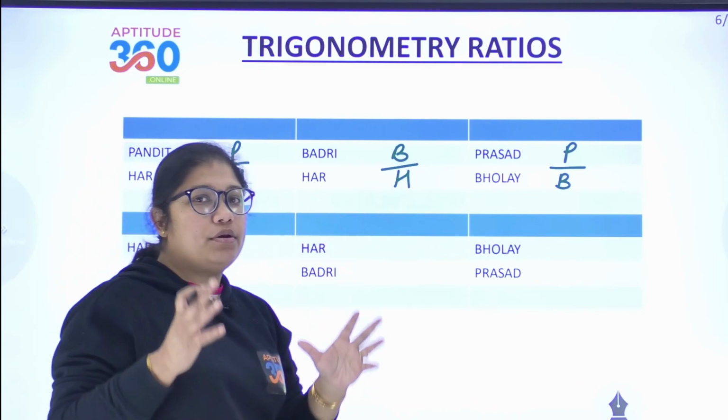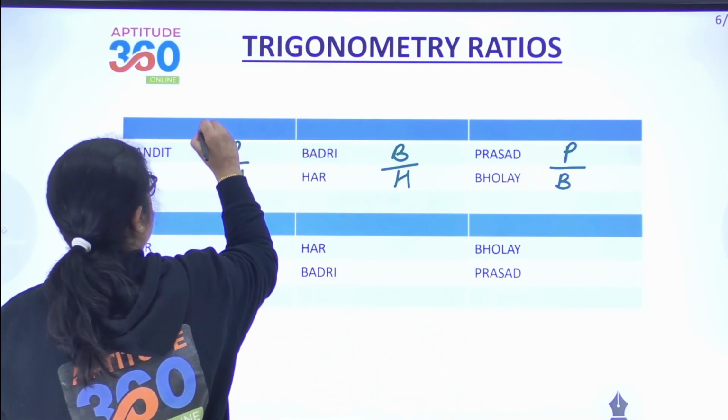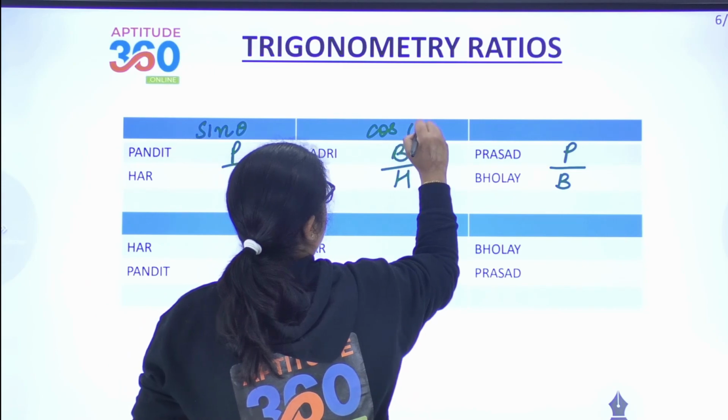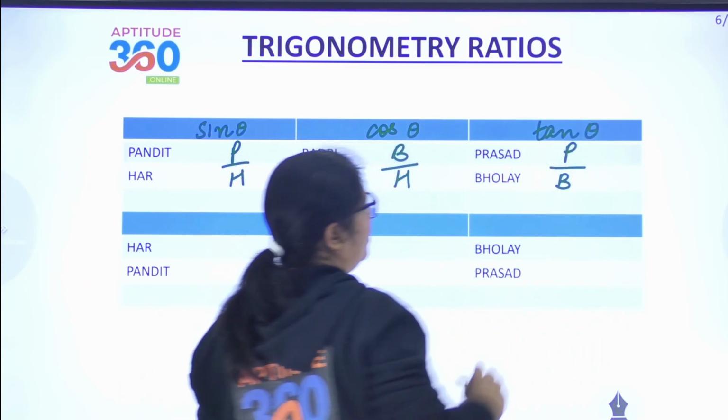But you need to remember the sequence of the ratio names, which is sine theta, cos theta, tan theta, right?